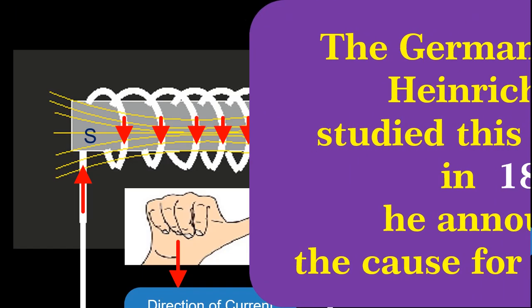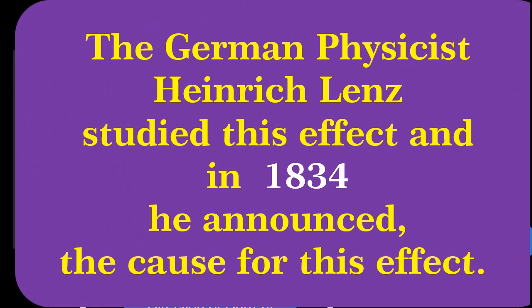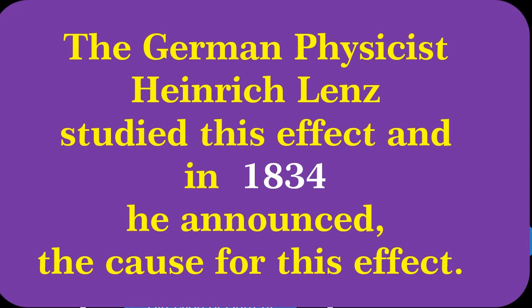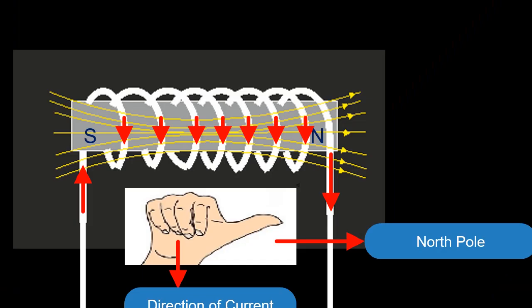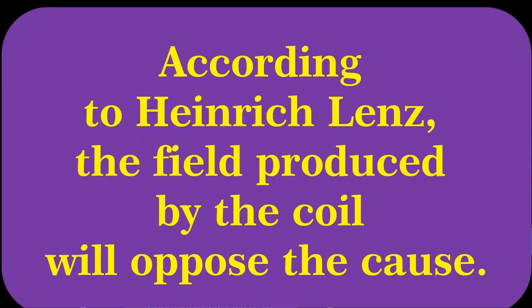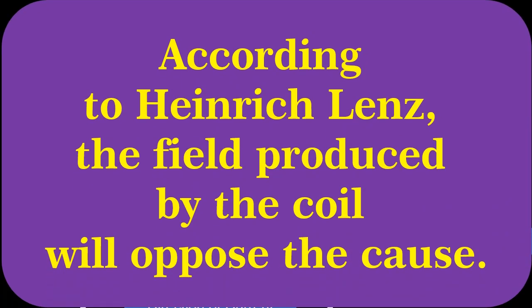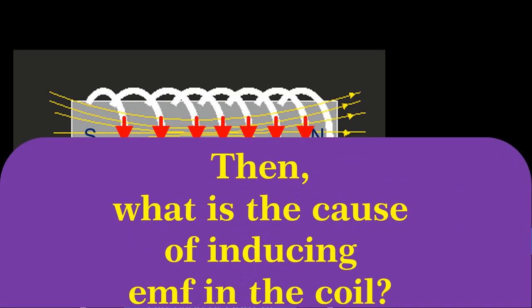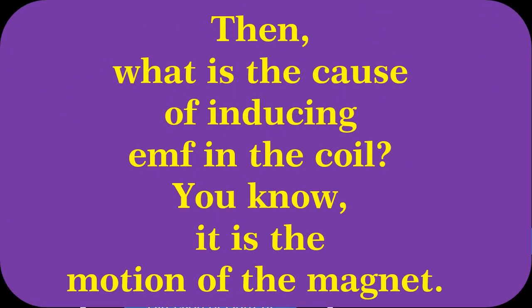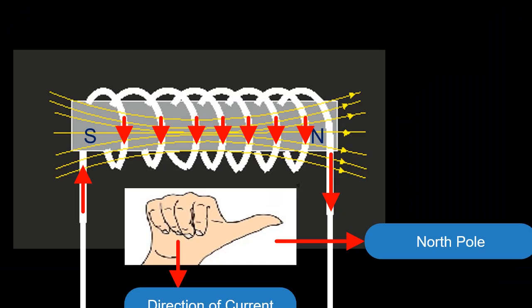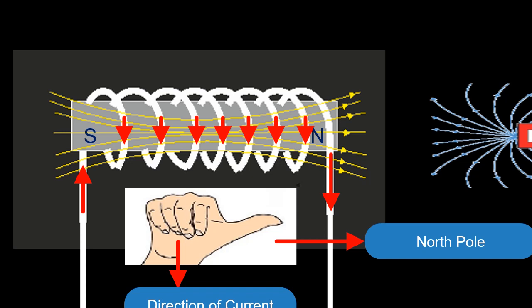The German physicist Heinrich Lenz studied this effect and in 1834 he announced the cause for this effect. According to Heinrich Lenz, the field produced by the coil will oppose the cause. Then, what is the cause opposing EMF induced in the coil? You know, it is the motion of the magnet. But how does the coil oppose the motion?